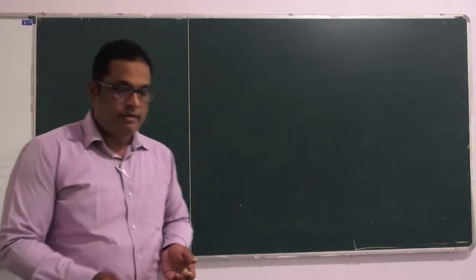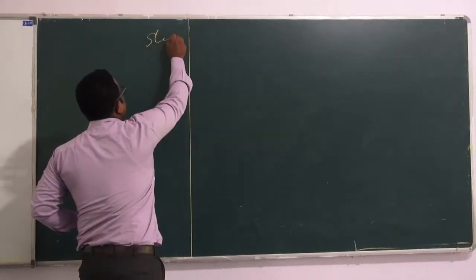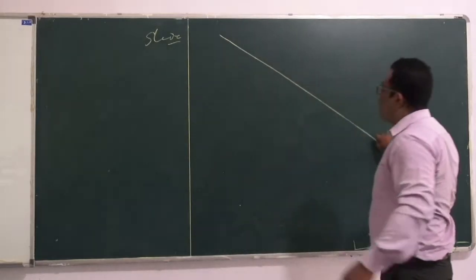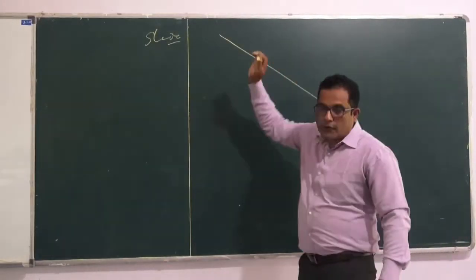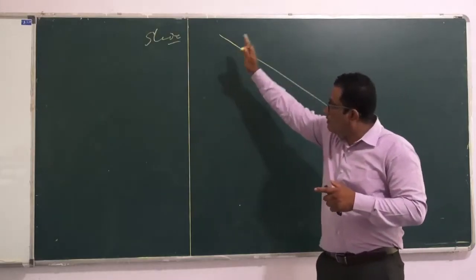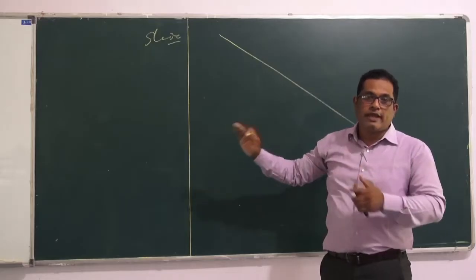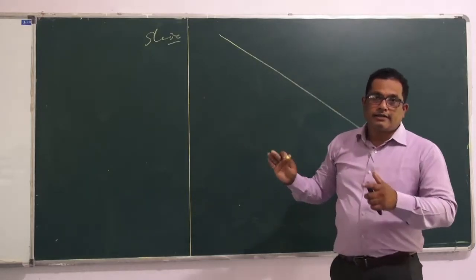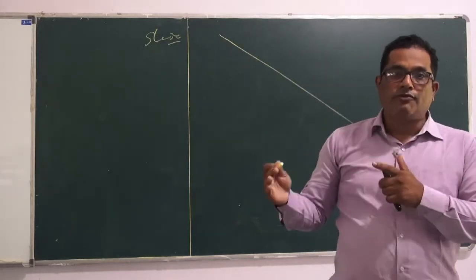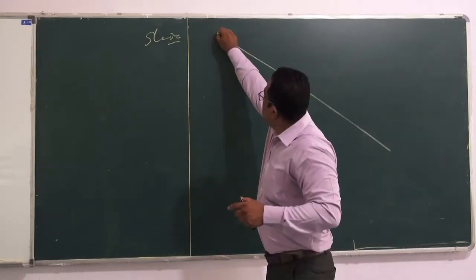The basic design of bench terrace: this is your sloping land. What you do is cut the length of the slope in such a manner that the length of the slope is decreased, and finally what we get is a series of step-like structures or platforms.